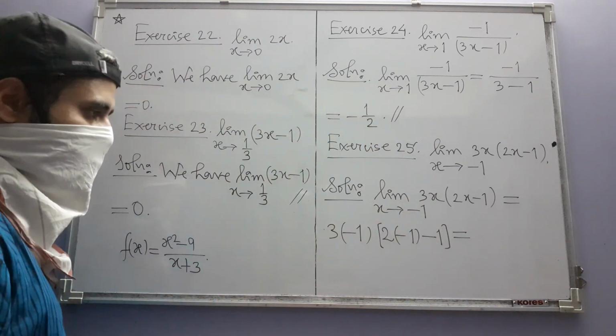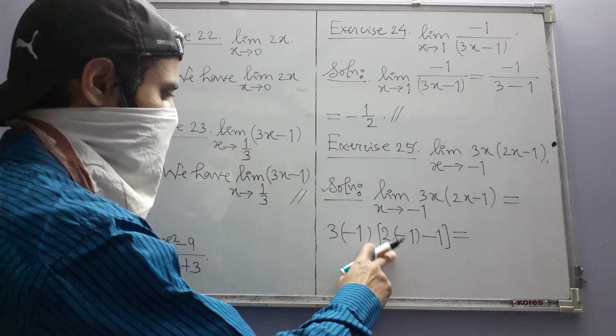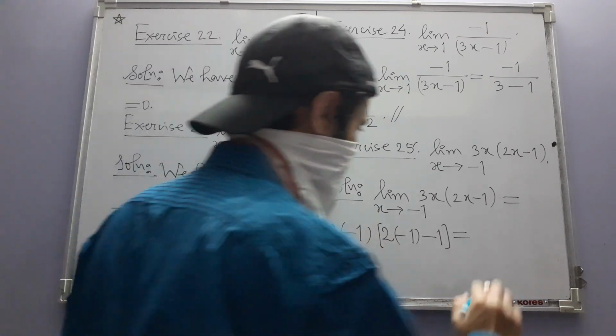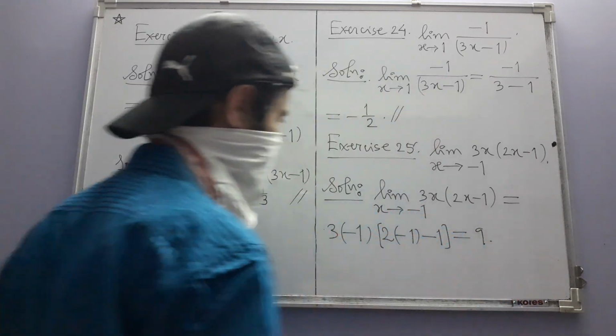Okay, so minus 2 minus 1 is minus 3. Minus 3 times minus 1 is 3, and 3 times 3 is 9.